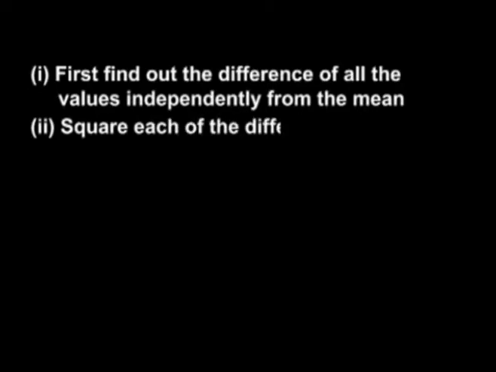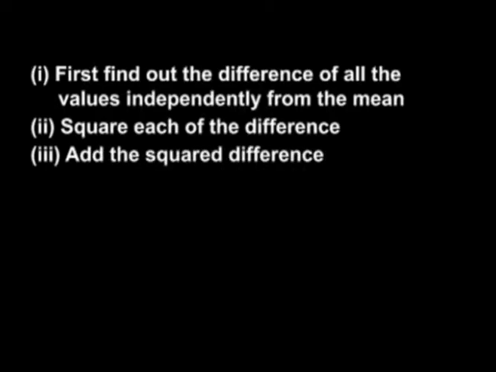This is one very important advantage. Standard deviation is defined as the square root of the mean squared deviation, and the formula can be worked out in the following way. First, find out the difference of all the values independently from the mean. Second, square each of these differences. Third, add all the squared differences.